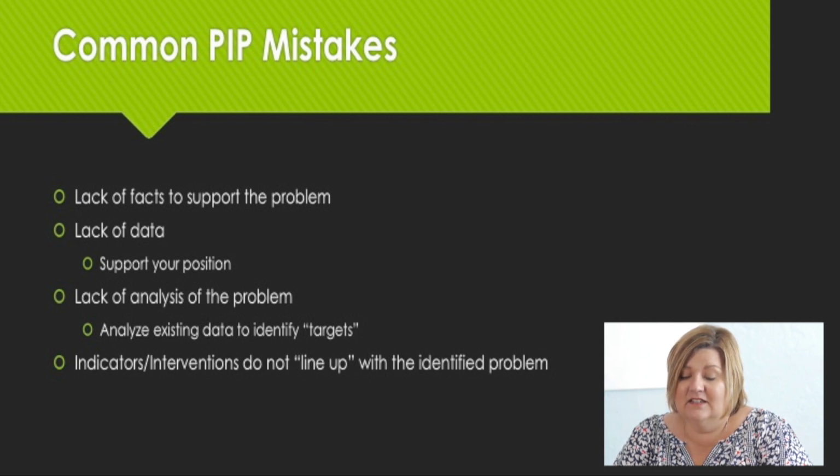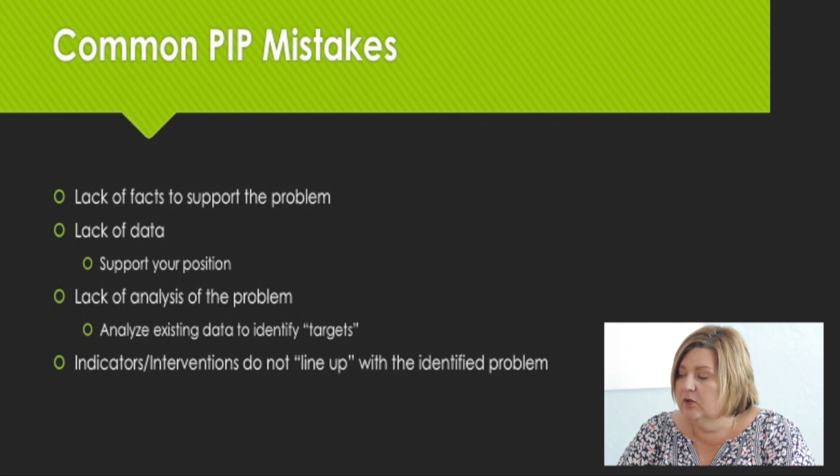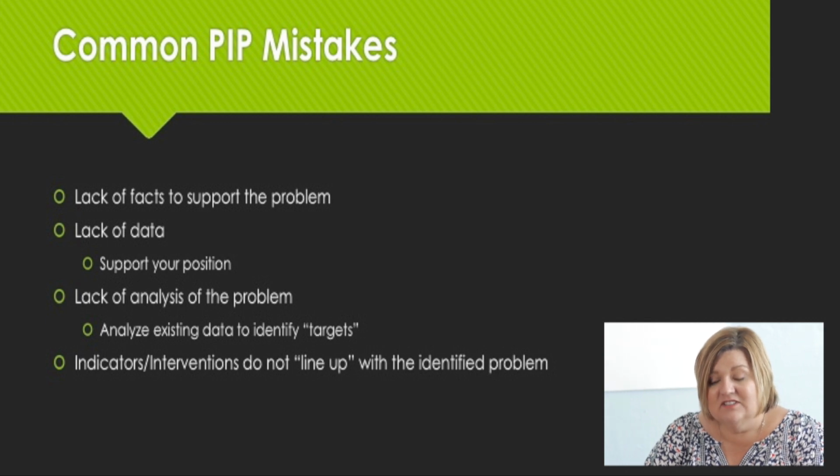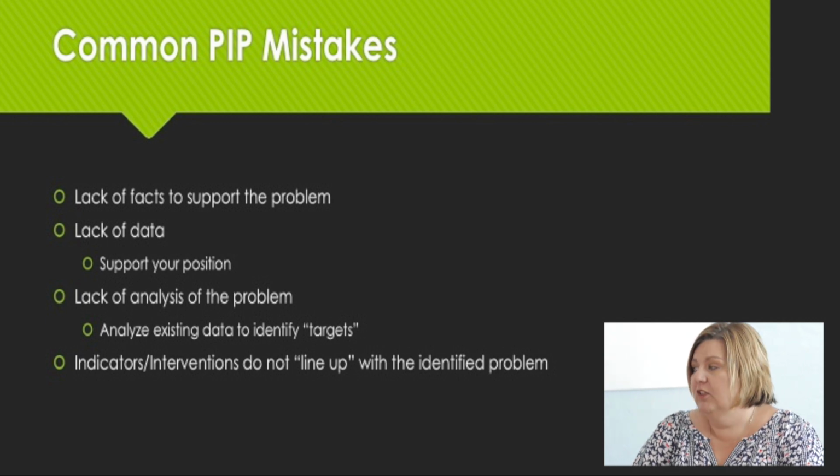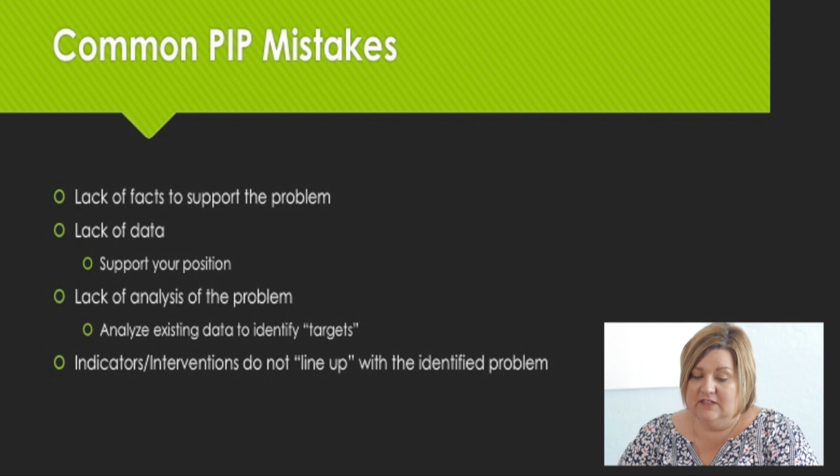Analyzing existing data to identify targets is something folks commonly miss when putting a PIP together. Also, having indicators or interventions that do not line up with the identified problem. So make sure that each of your indicators or interventions lines up with that problem.